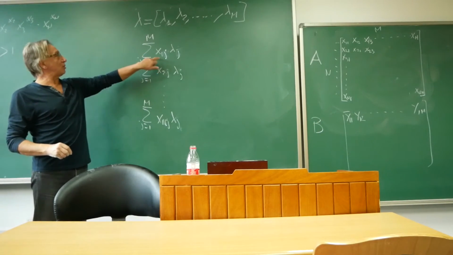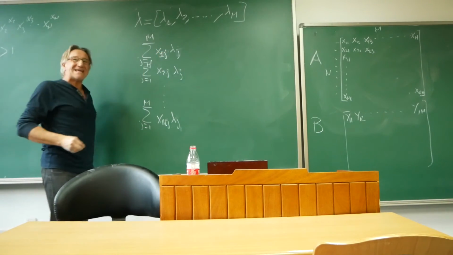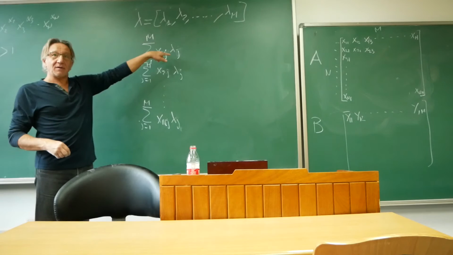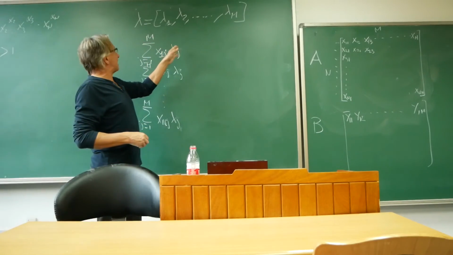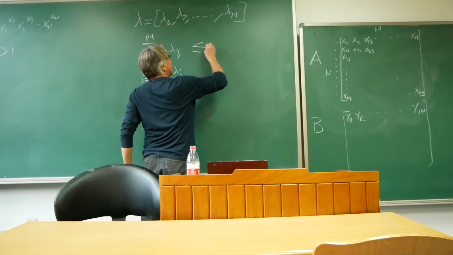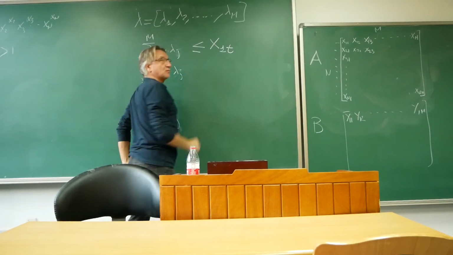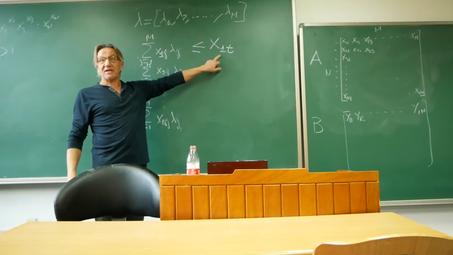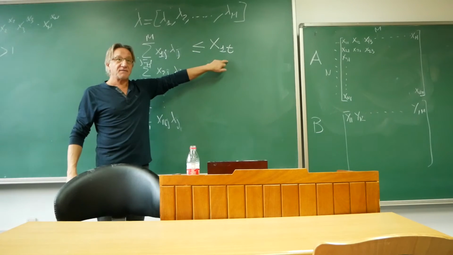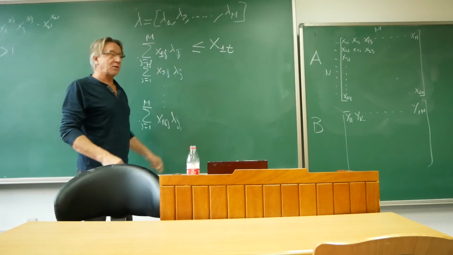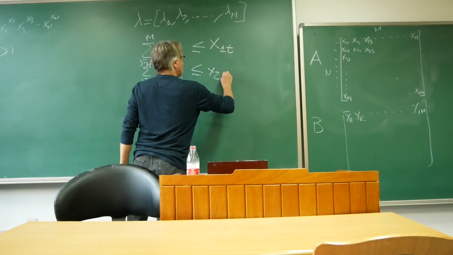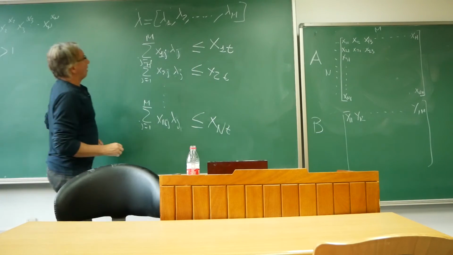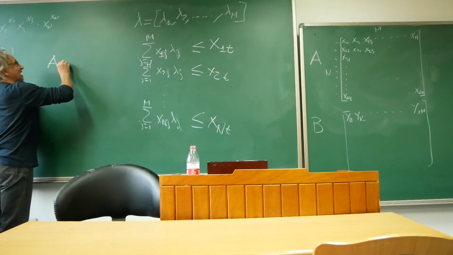This is the total amount of good 1 that I need to carry out production at that level. Which means if this is what I'm doing at time t, it must be that this is true. That at time t, I have this amount of the input 1 available. And this amount of the input 2, and this amount of the input n. Right? So this is A times lambda.